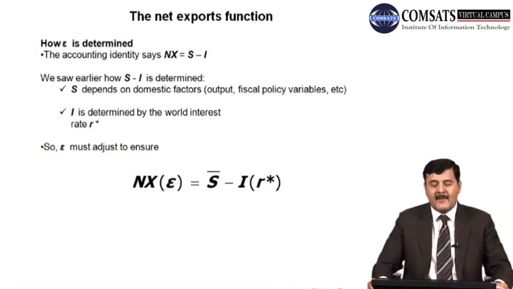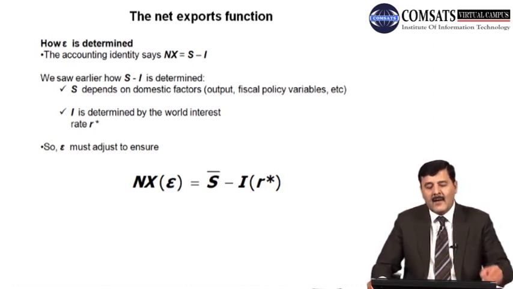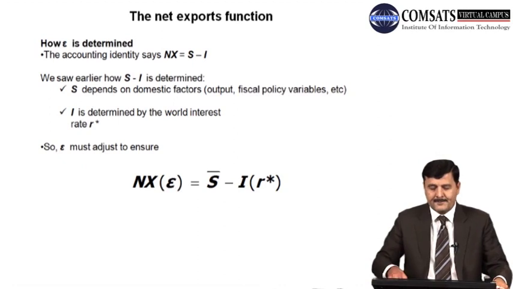So we can say that net export, ये जो इक्वेशन है, जो ऊपर वाली इक्वेशन है NX = S - I, जो आपको टॉप पे नजर आ रही है, इसको हम लिख सकते हैं NX is a function of E, which is the real exchange rate, is equal to S bar, which is given, minus I of R, which is the demand or the investment in the economy. So net export is equal to S minus I of R.